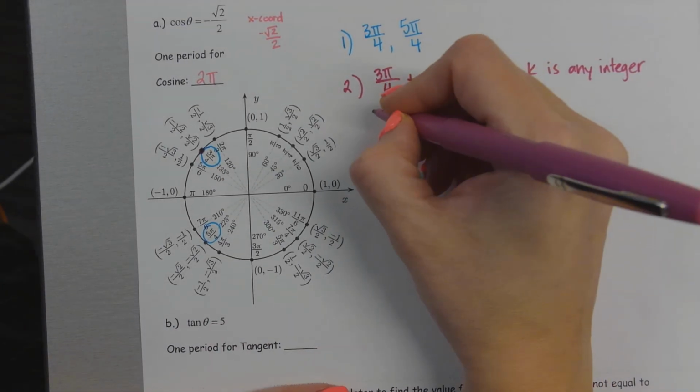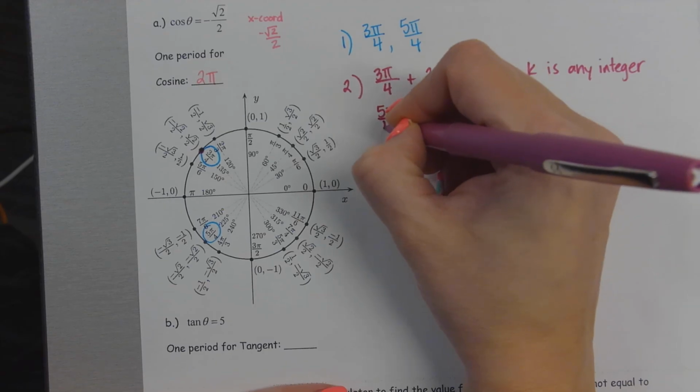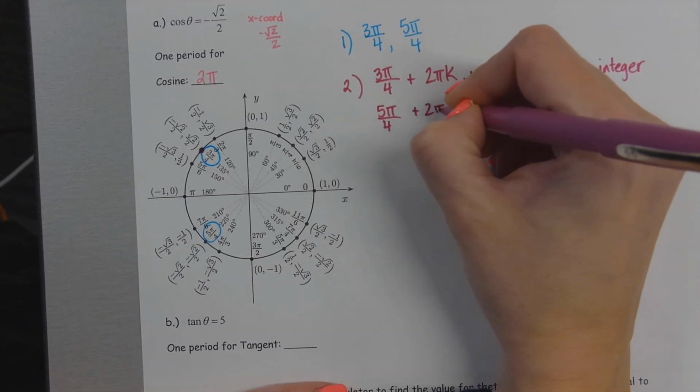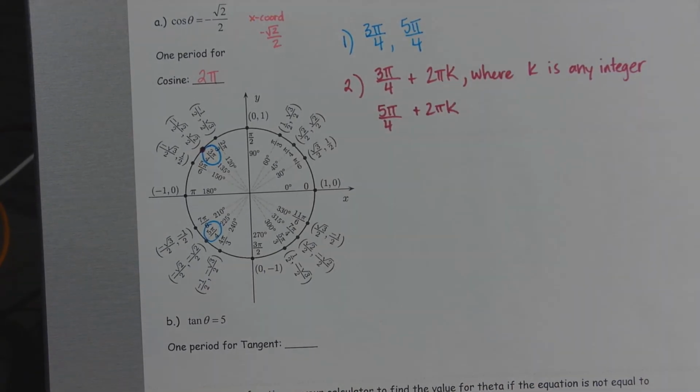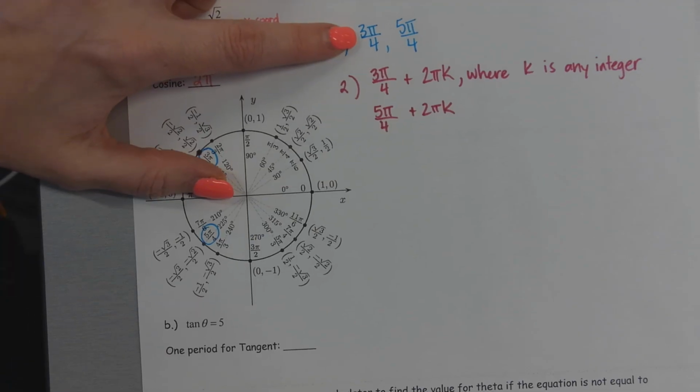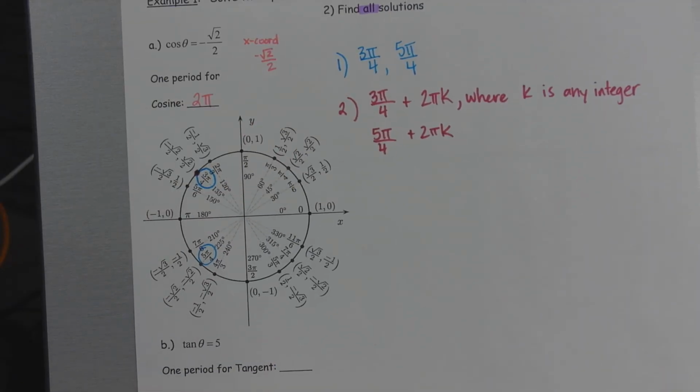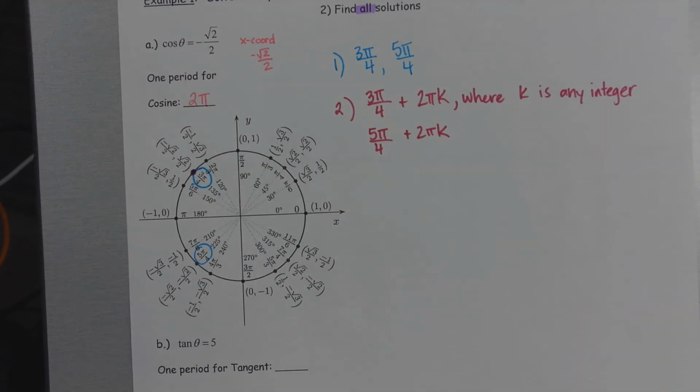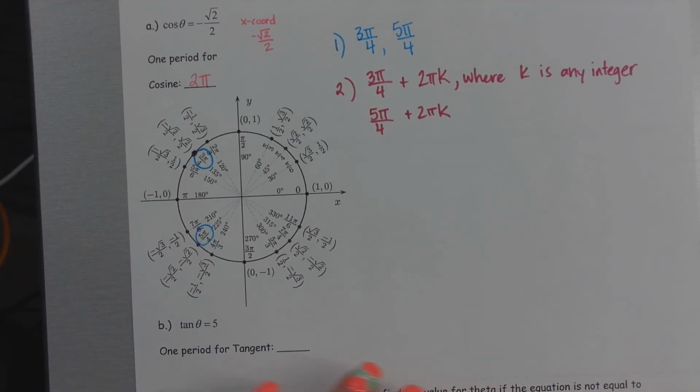And then the same thing with 5 pi over 4, so it'll be 5 pi over 4 plus 2 pi k. So if you're finding a solution in the interval, you only need those solutions in radians. If you are finding all solutions, okay, then you are going to need an equation where k is an integer.